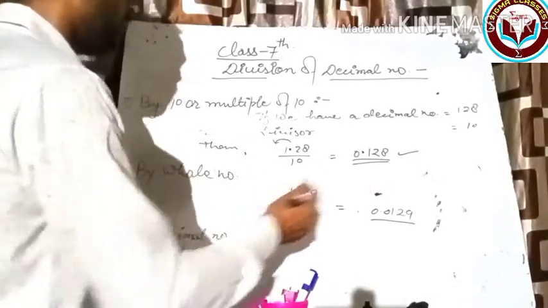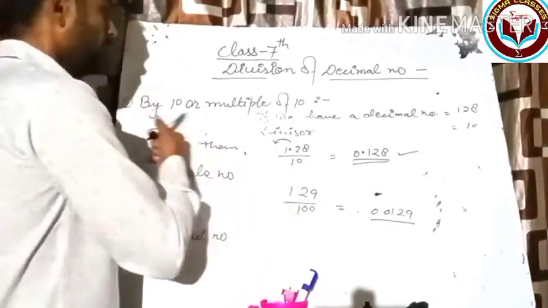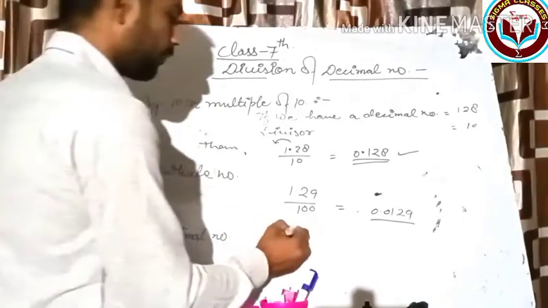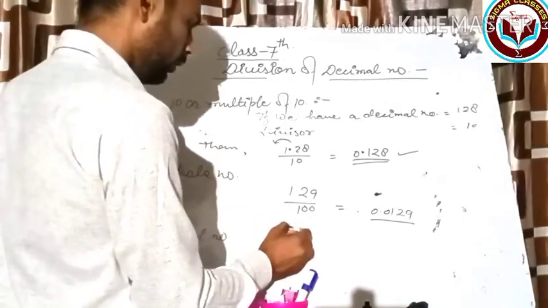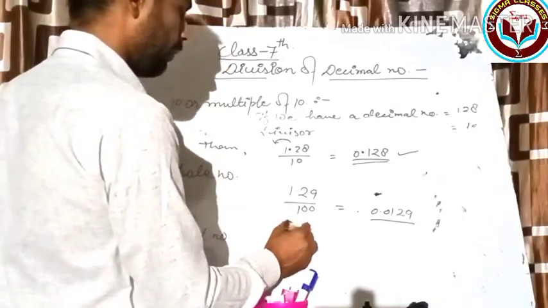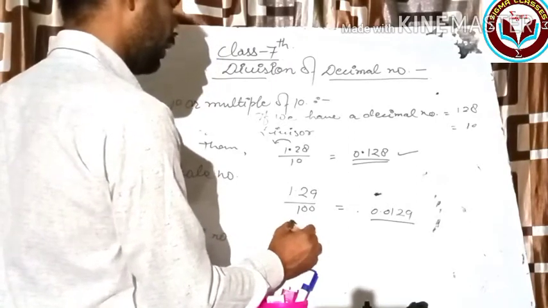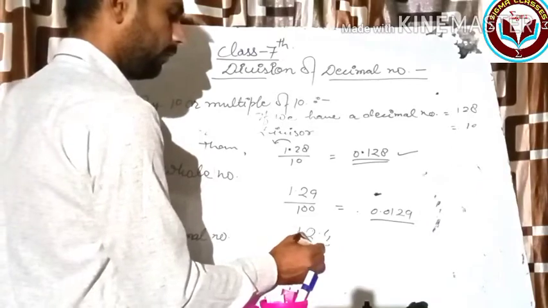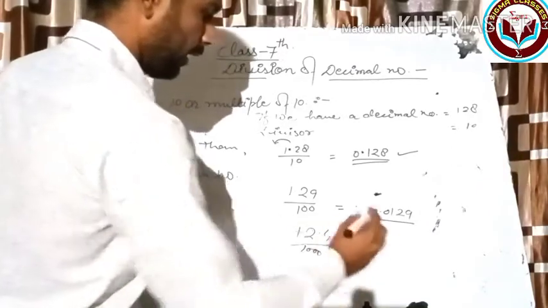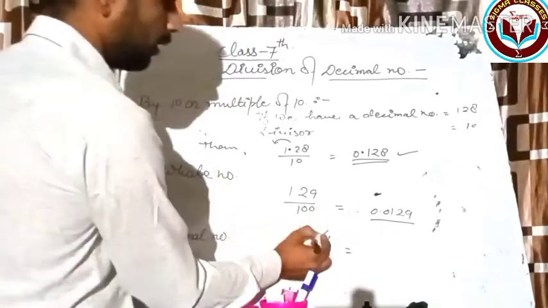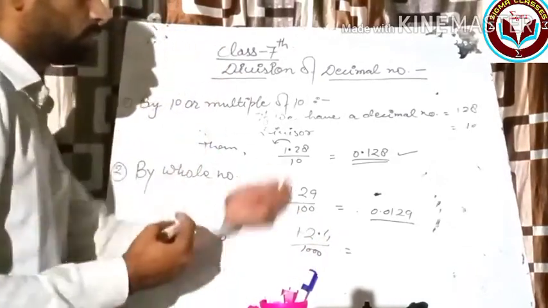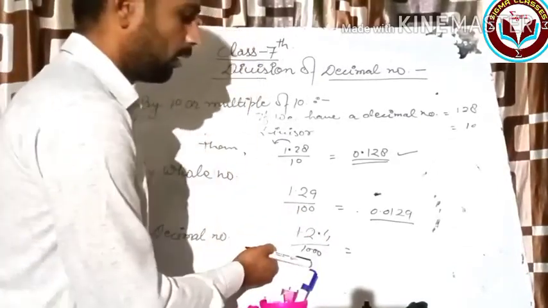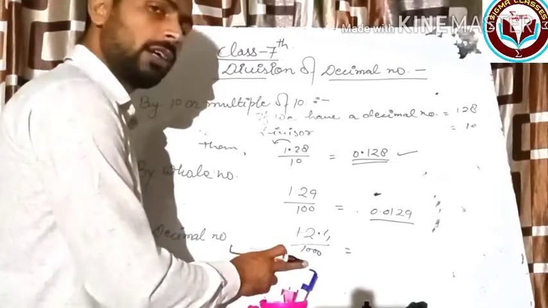Let's take one more example for this 10 or multiple of 10 situation: 724 divided by 1000. This time we will shift the decimal 3 places to the left side, because there are 3 zeros in the divisor.